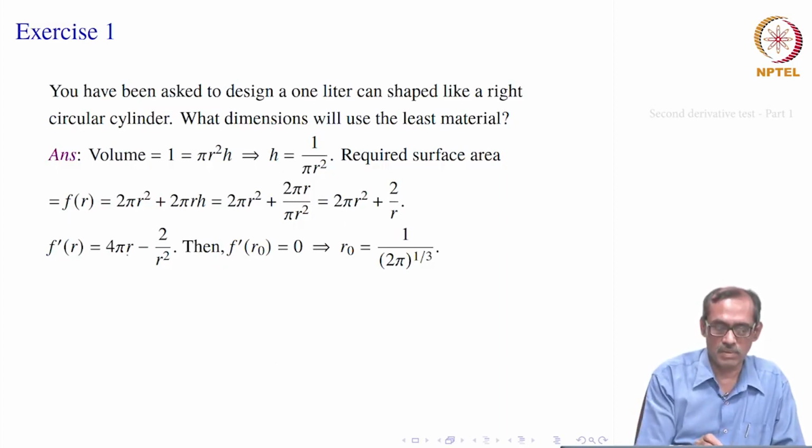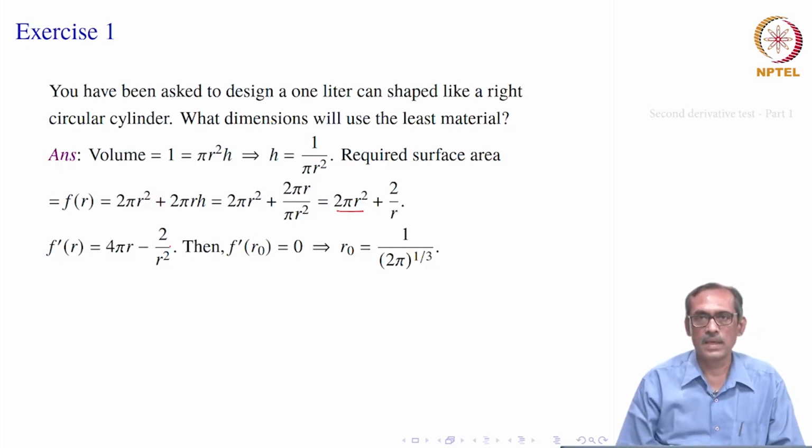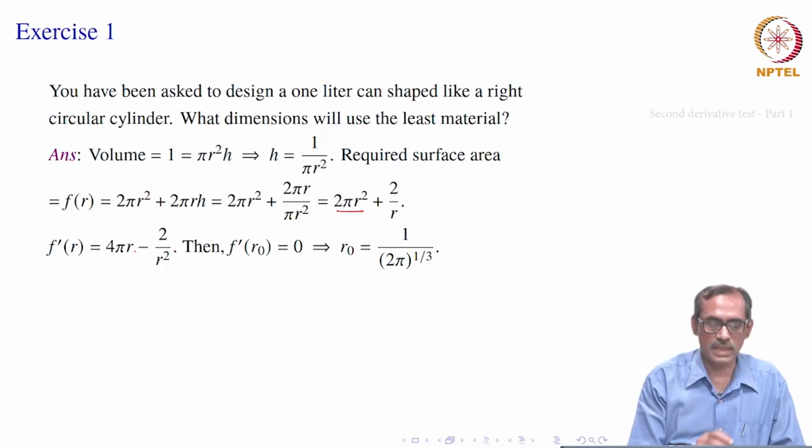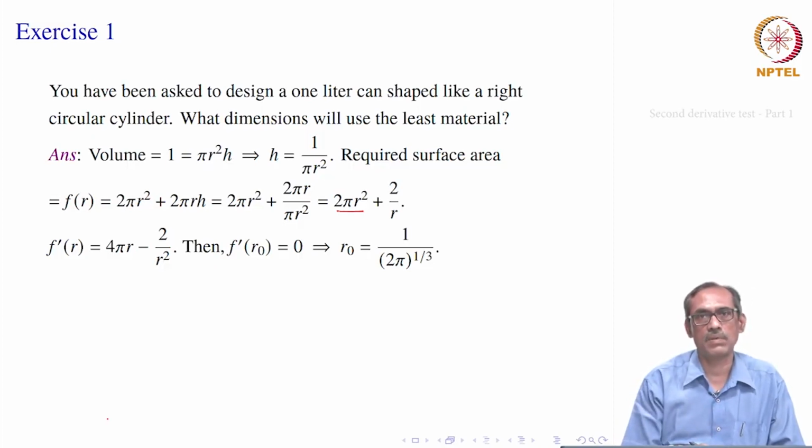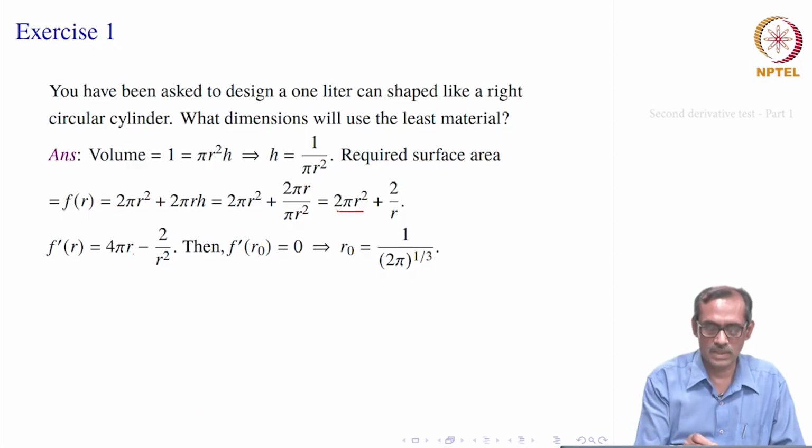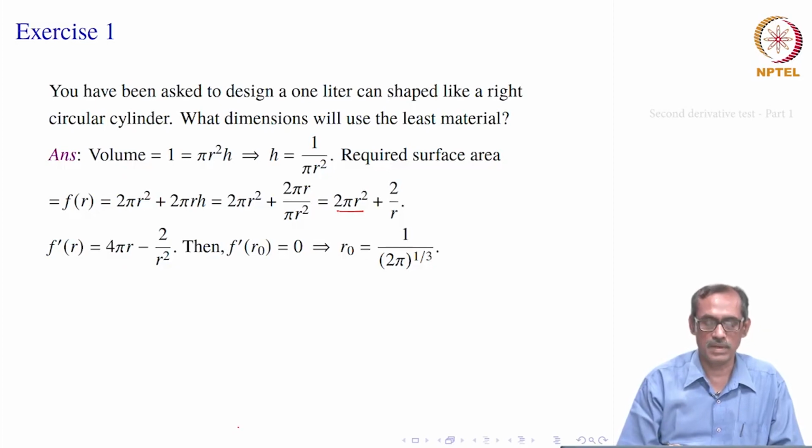So, its derivative, with respect to r, is 4 pi r minus 2 divided by r square. Okay. Now if that is equal to 0 at the point r equal to r 0, that is, r 0 is a critical point, then f prime r 0 will be equal to 0, and that gives r 0.